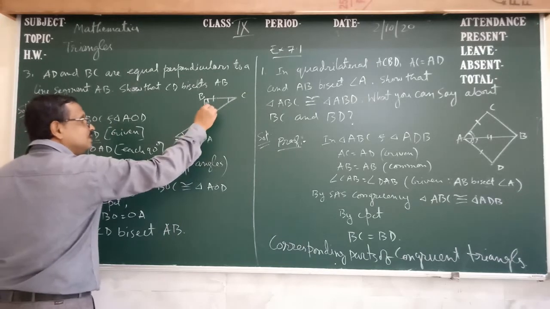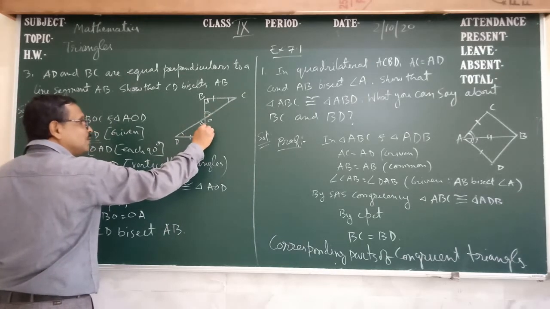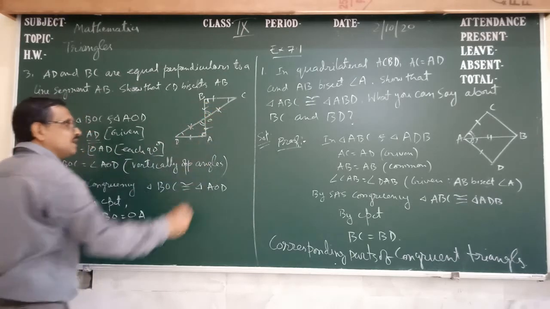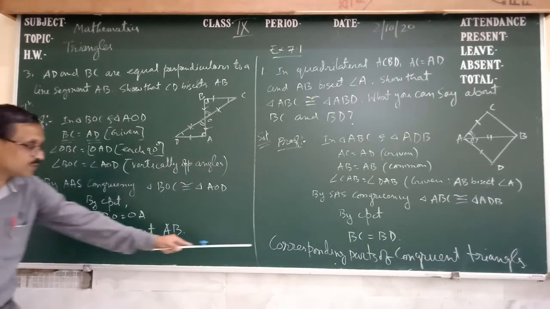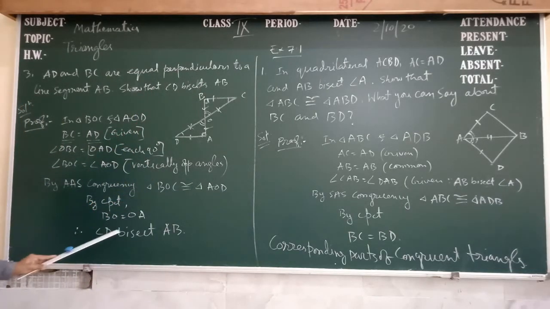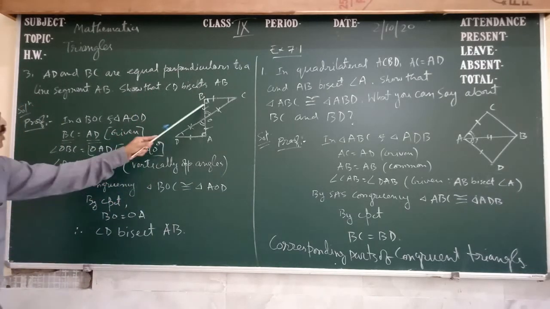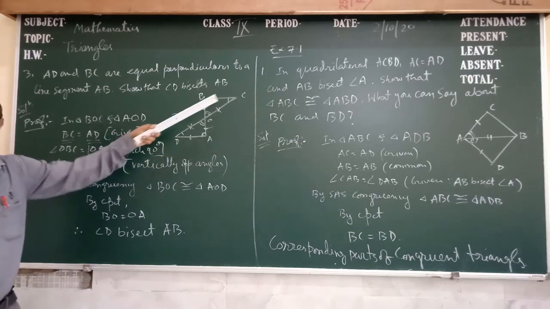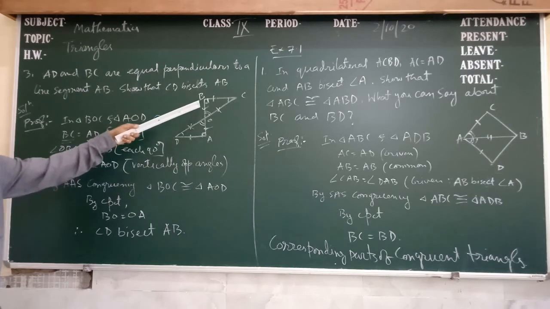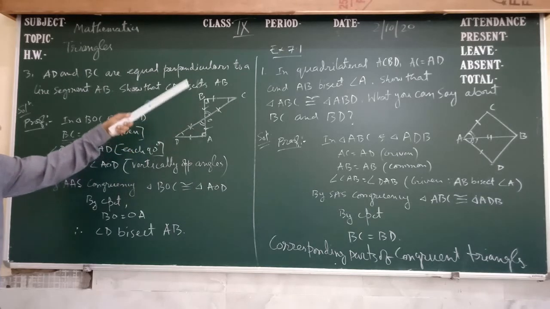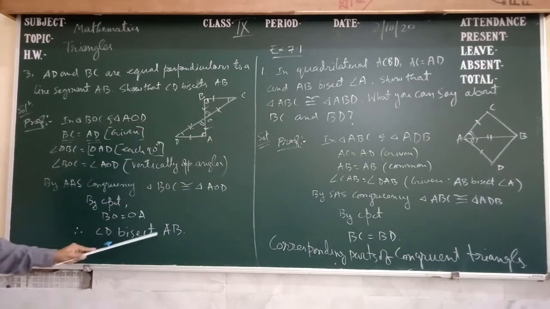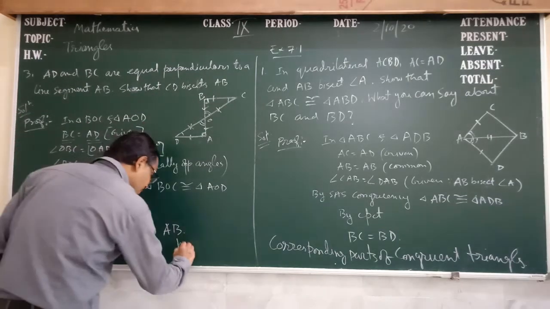The sides AO equal to BO and DO equal to OC are the corresponding parts of the congruent triangles. But here we only require this, so we have written that BO is equal to AO. BO equal to AO means CD bisects AB, because O is the midpoint. So CD bisects AB. Hence proved.